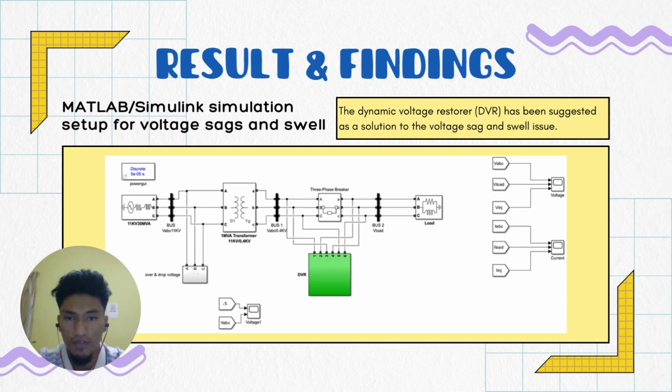This power is further distributed via another busbar. A three-phase breaker protects the system by interrupting electricity flow during faults. The power then reaches bus 2 to supply the load, representing the device using the electricity. Additionally, a dynamic voltage restorer (DVR) between bus 1 and bus 2 corrects voltage sags or swells, ensuring stable voltage level.